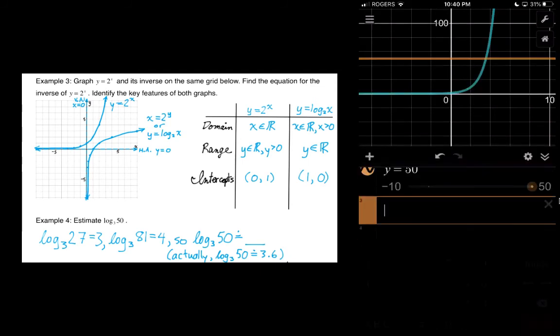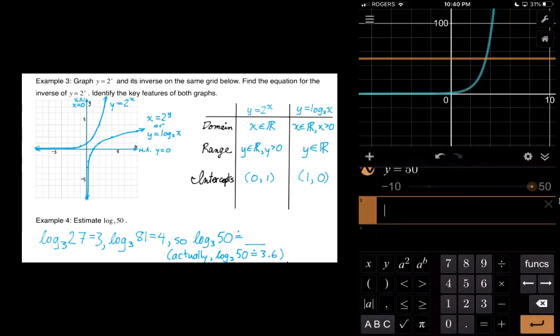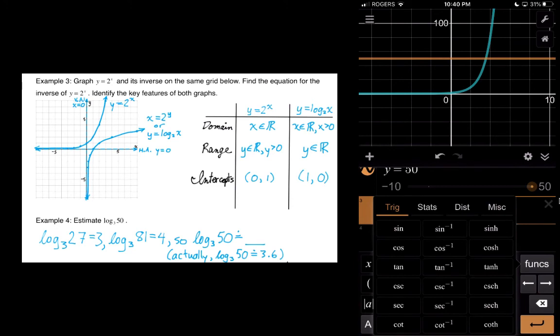Now, you're probably looking at this and saying, but there's got to be some other way to do it, and certainly there is another way. You can use a function, and I believe it's under miscellaneous. Yes, it is. You want to use the one that's log base a. If you put in that log base a, you have to specify your base, which is 3 here.